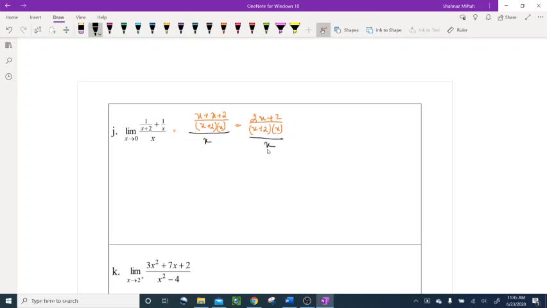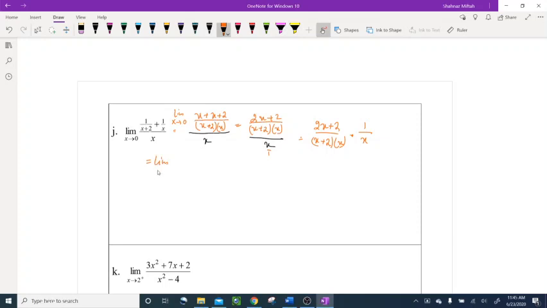And since this is x, let's solve the problem as a reciprocal thing. So I have 2x plus 2 over x plus 2 and x, times, since this is x over 1, it's going to go 1 over x. What else can I do here? And by the way, you have to write limit x approaches 0 every time, okay?